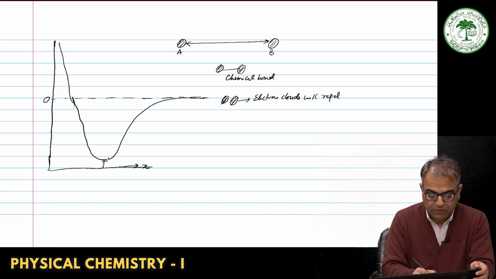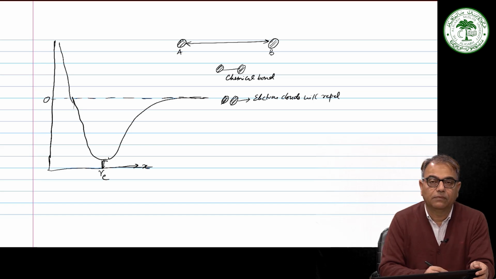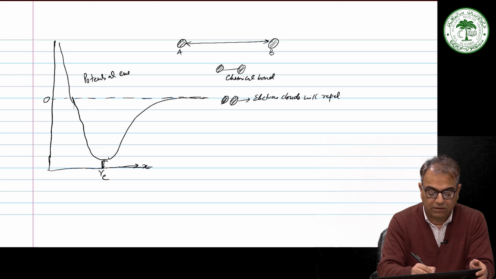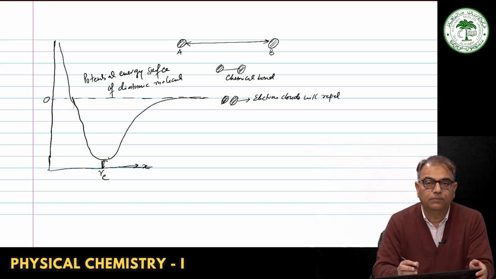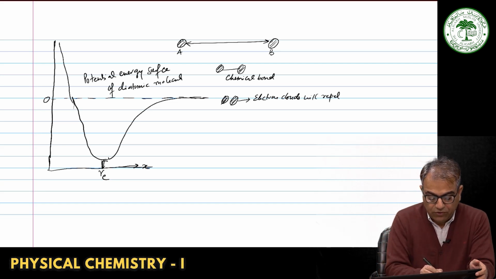This distance is the distance of bonding, called the equilibrium distance. This is called the potential energy surface of a diatomic molecule.